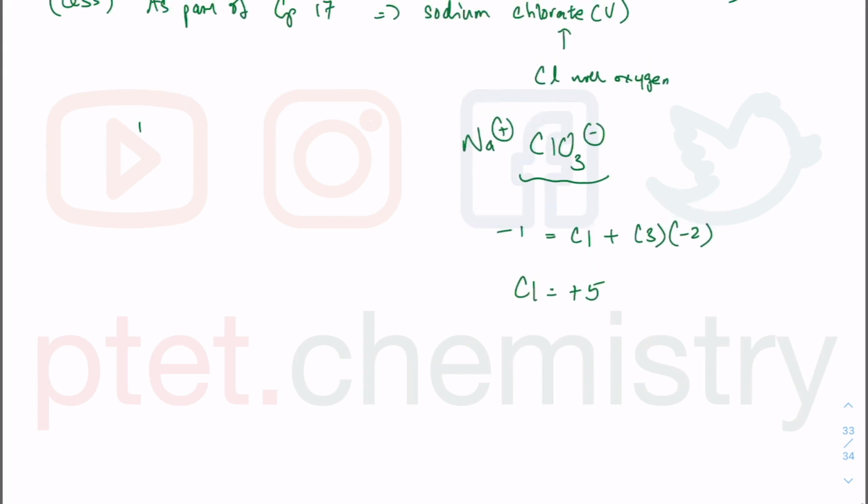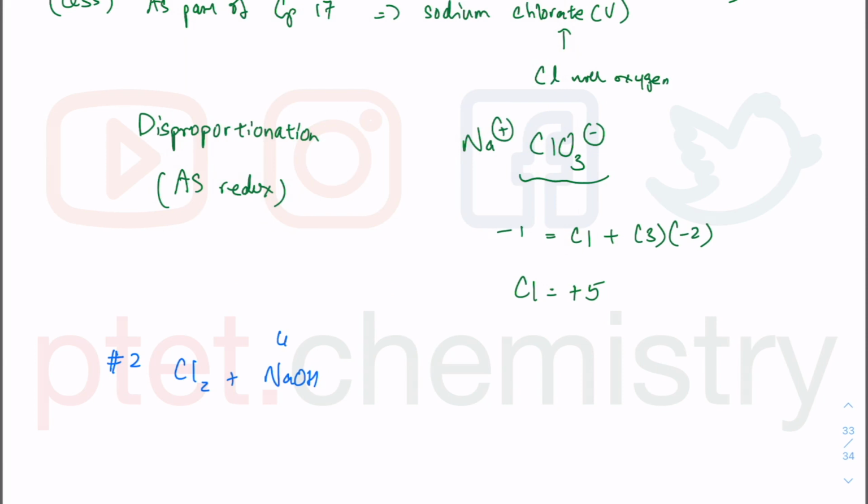This is part of the AS case study under the reaction called disproportionation, as an AS redox topic, where a species is both oxidized and reduced in the same reaction. So looking through the options, option 2, we have Cl2 plus NaOH, but this is cold and dilute, so this doesn't go all the way to chlorine +5. This actually stops at chlorine +1.